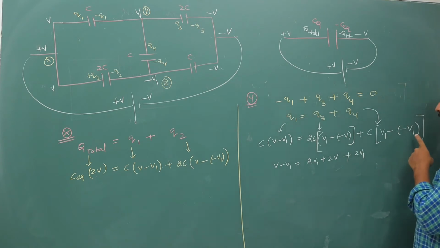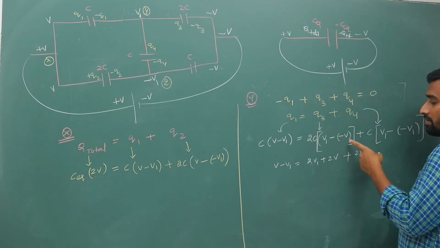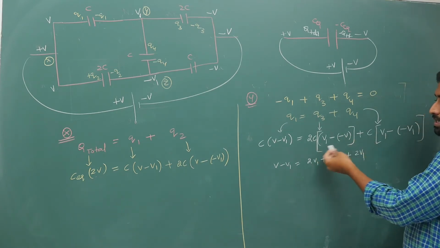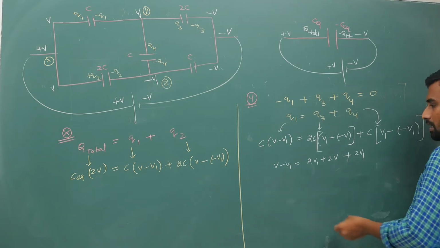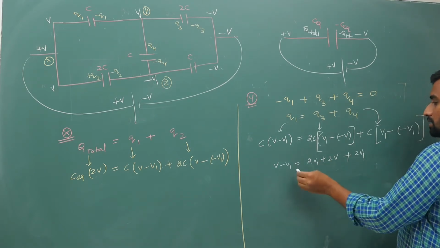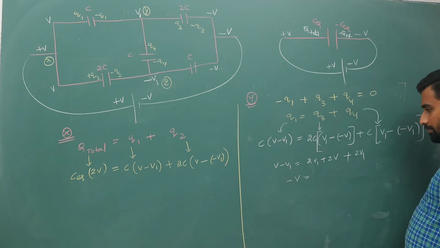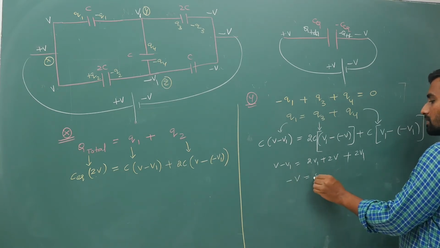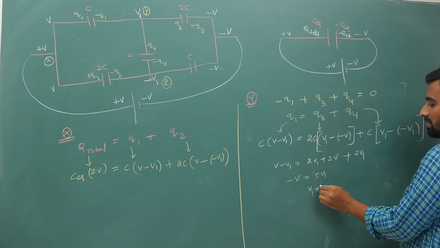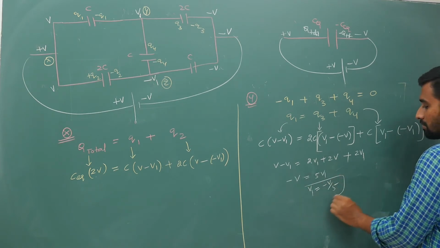V1 plus V1 is 2V1, and V1 minus of minus V is V1 plus V, multiplying with 2 you will get this. Now from here send this to the other side: V minus 2V minus V is equal to 2 plus 1 plus 4, that is 5V1, so V1 is minus V by 5.